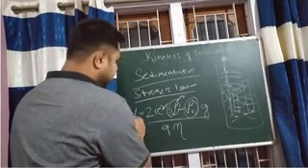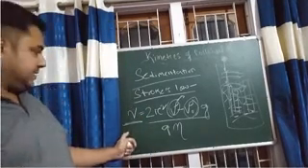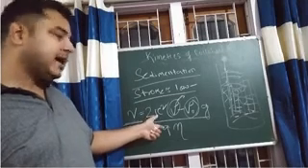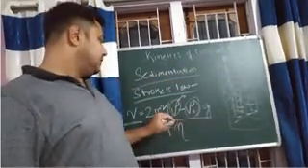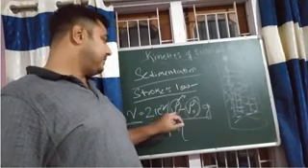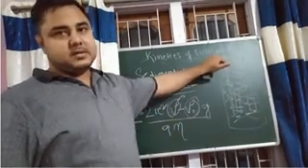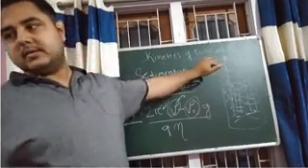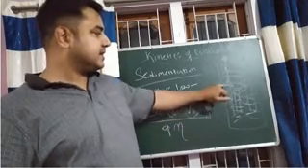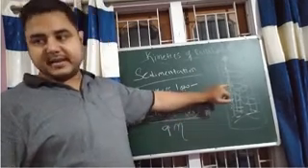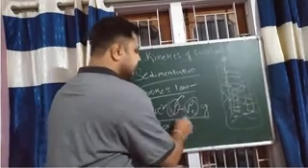So V, the rate of settlement or rate of sedimentation, is equal to 2r square, where r is the radius of the particle, within brackets rho, the density of the ball or particle, minus rho naught, the density of the medium, divided by 9 eta, the viscosity.